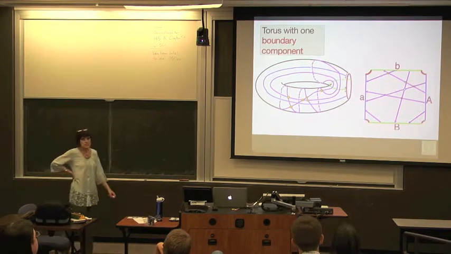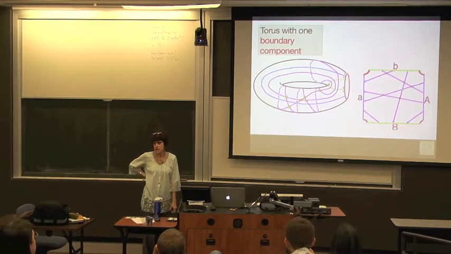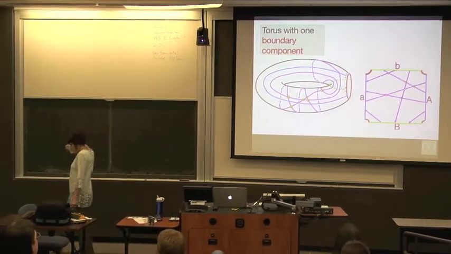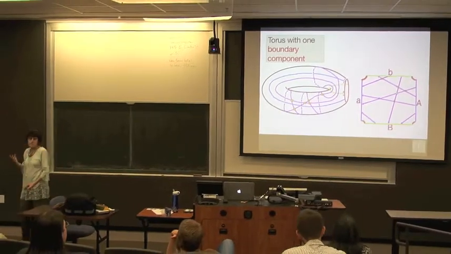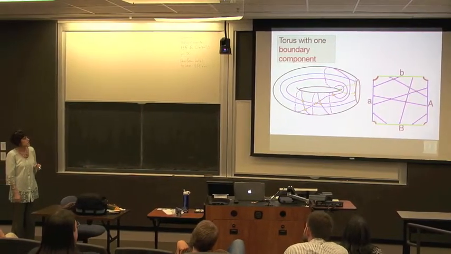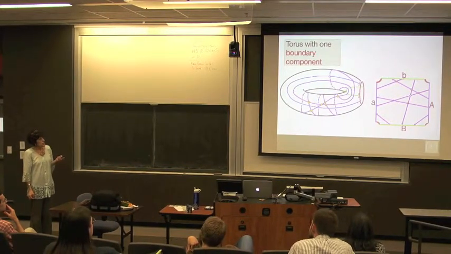And what I'm interested in studying from now on is the self-intersection number of these curves. In particular, I want the smallest possible intersection number of the curve in the free homotopy class.